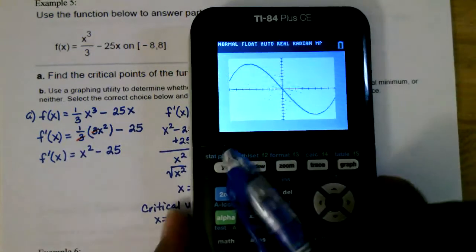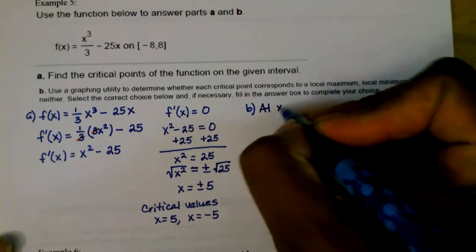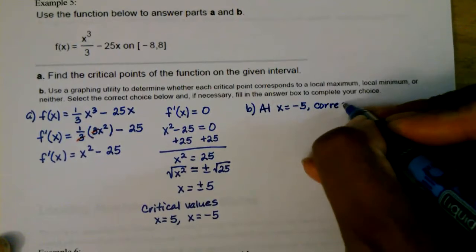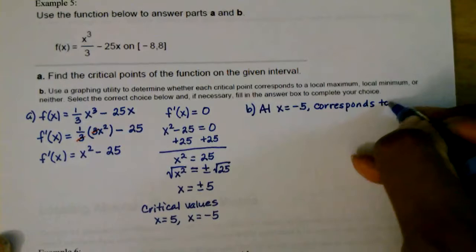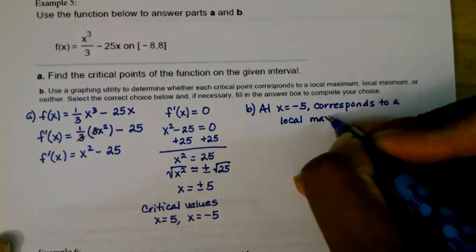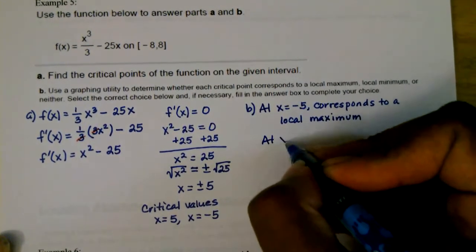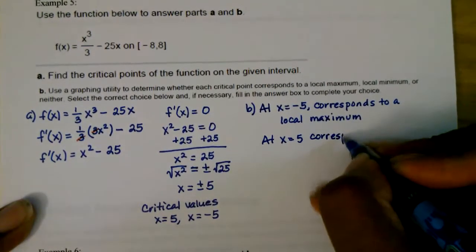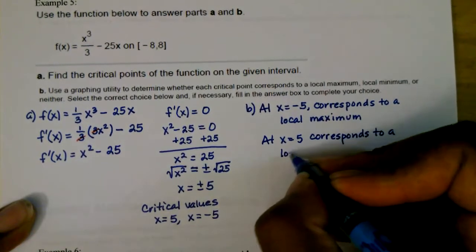So at x is equal to -5, it corresponds to a local maximum. And at x is equal to 5, it's going to correspond to a local minimum.